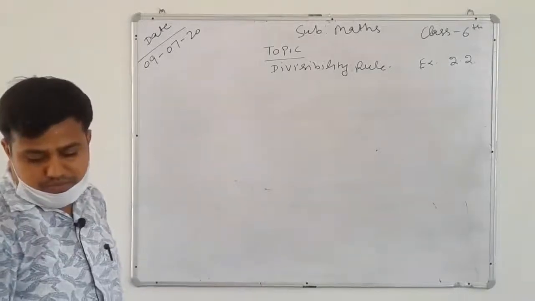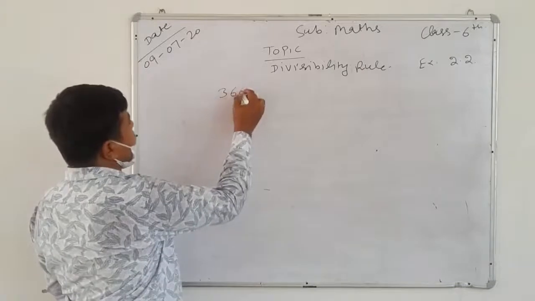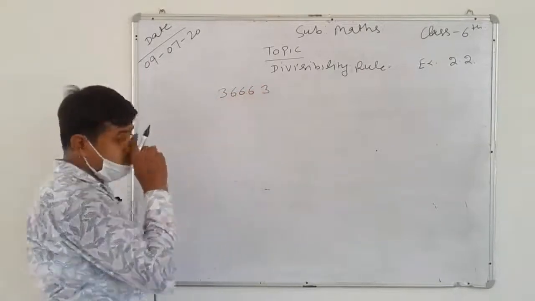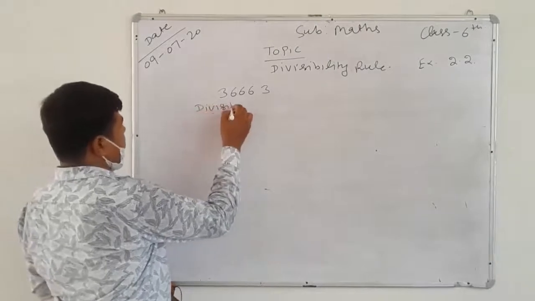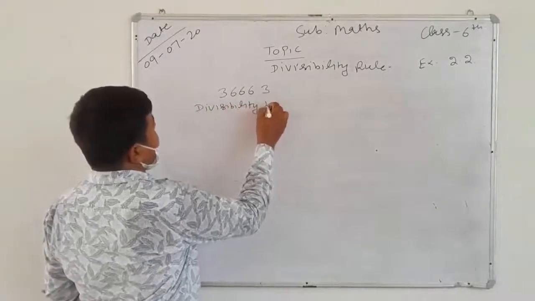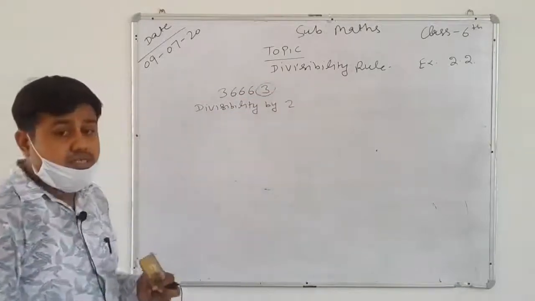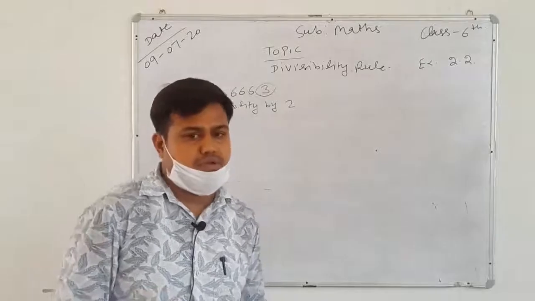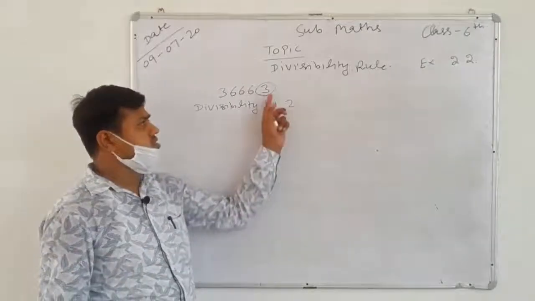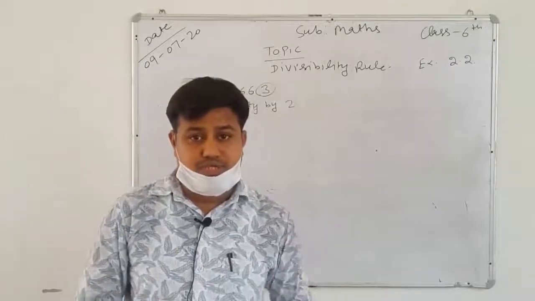Let's take another example for the rule of 6. Your exercise question: 36663. Firstly, divisibility by 2. The rule of 2 is that a number is even, so the unit place digit will be 0, 2, 4, 6, 8.